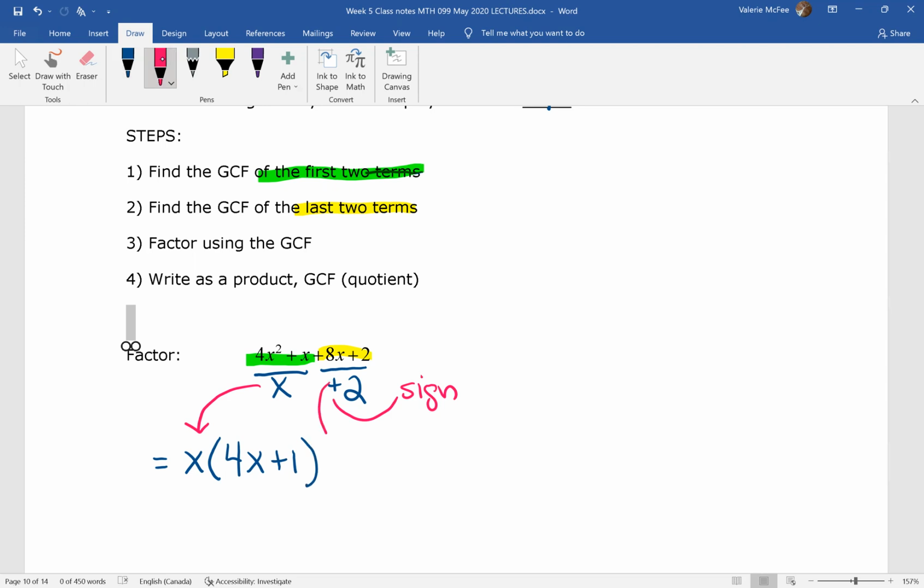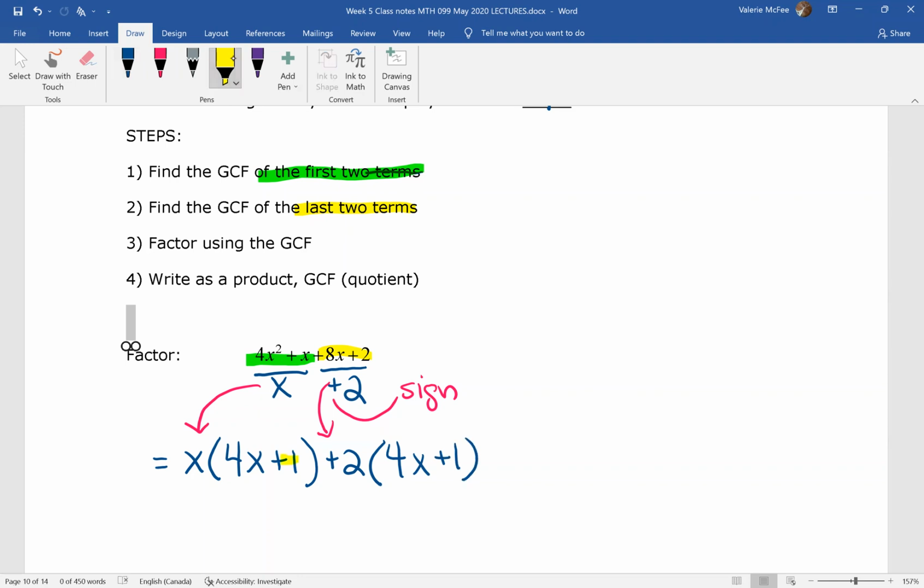Keep our greatest common factor again and divide each term. 8x divided by 2 is 4x, plus 2 divided by 2 is +1.